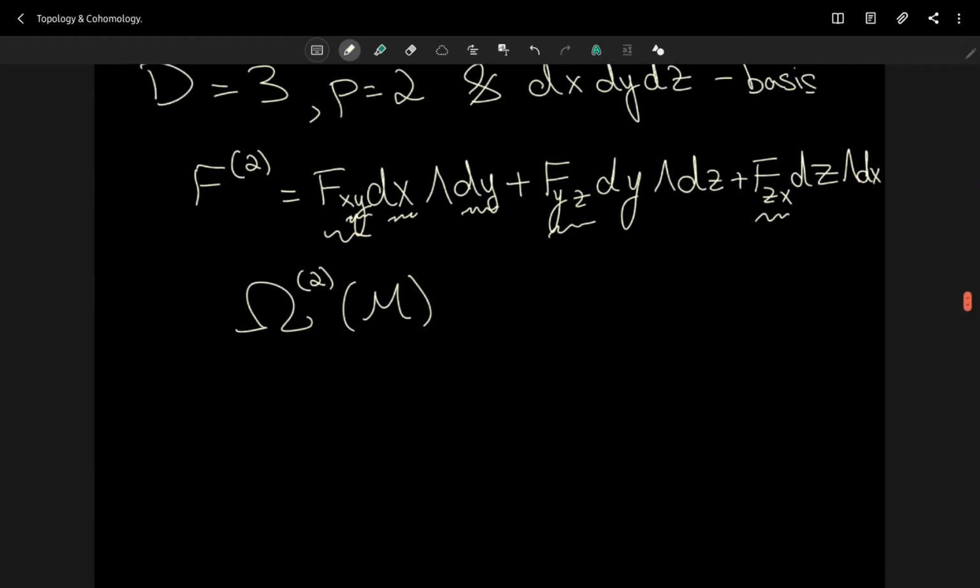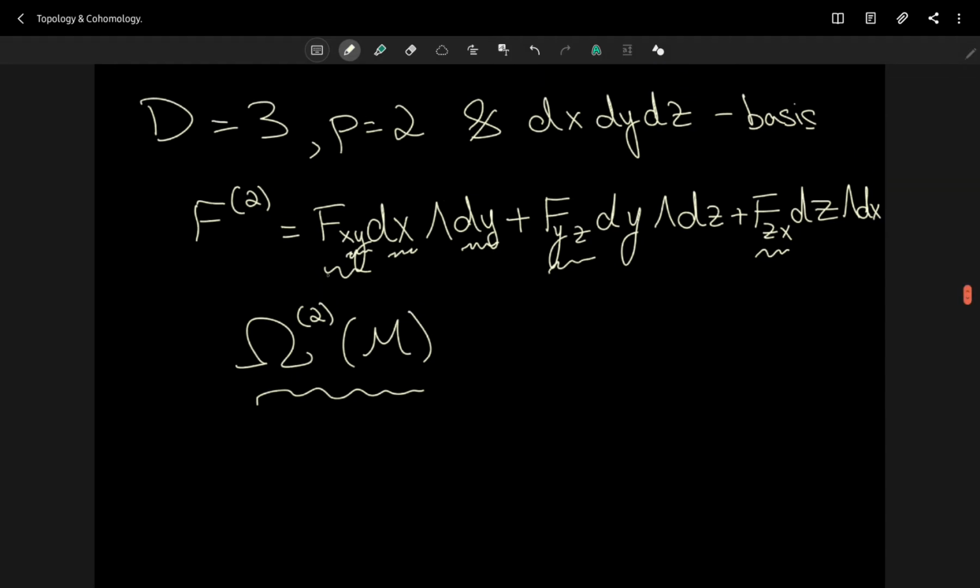So this is the space that contains all the two forms, and you can just tweak the values of these coefficients fxy, fyz, and fzx, and you can have all the possible arrangements of them in this space of two forms.